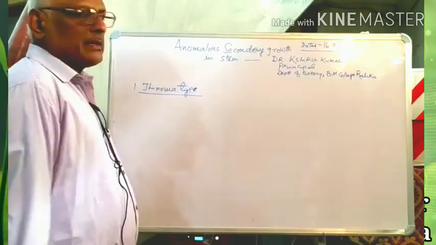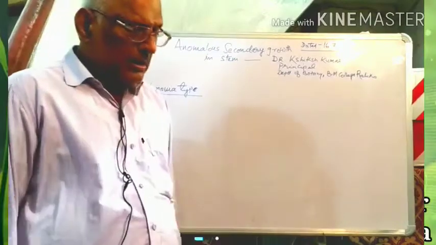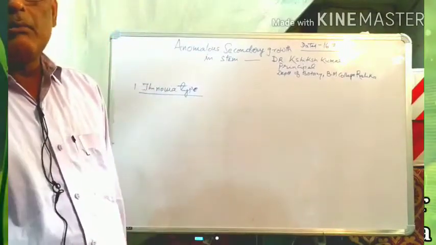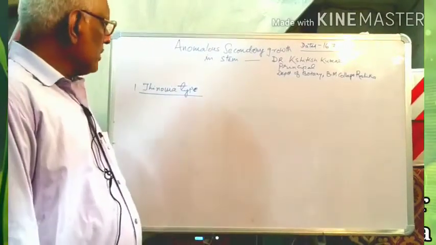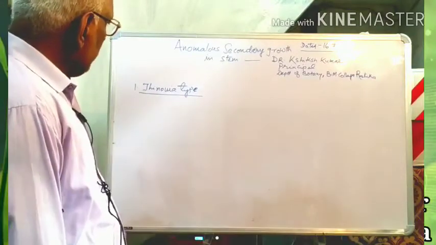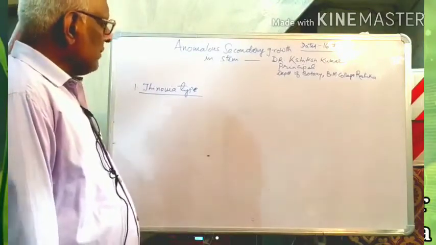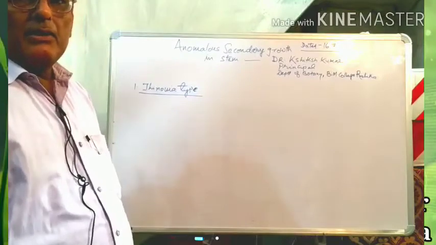In the previous lecture we have completed the anomalous secondary type of growth in which the position of the cambium is at normal position.